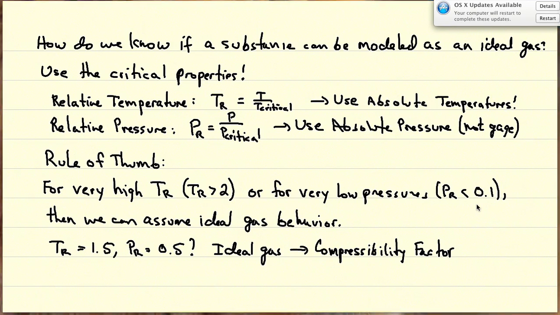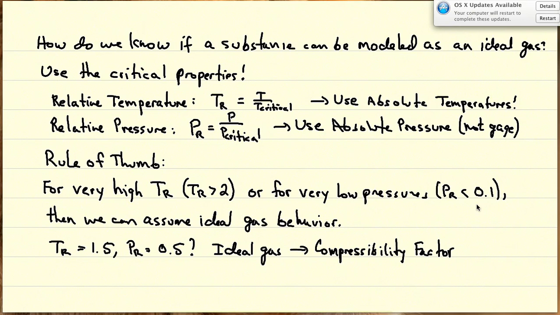But all the same, I want you all to know that if you don't satisfy one or the other of this rule of thumb of TR greater than 2 and PR less than 0.1, but you're still wondering if you can assume ideal gas behavior, you then have to go to compressibility analysis and make an assessment that way. Okay, I'm not going to get more into it than that.